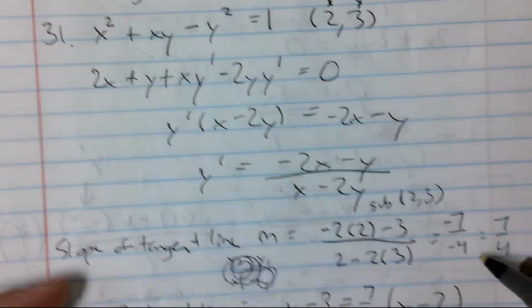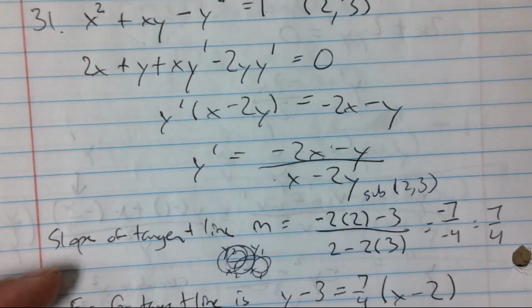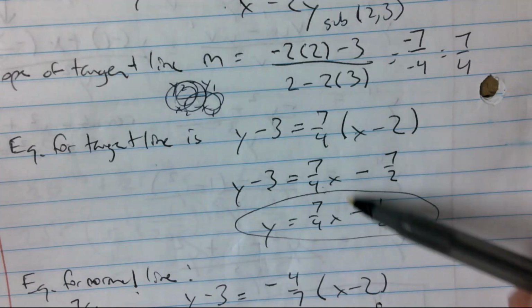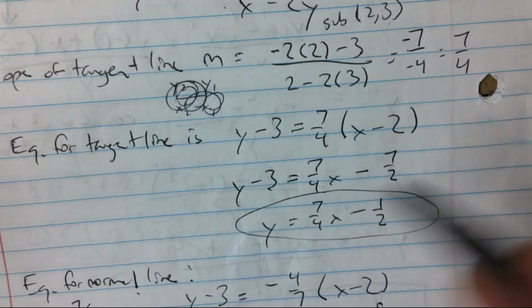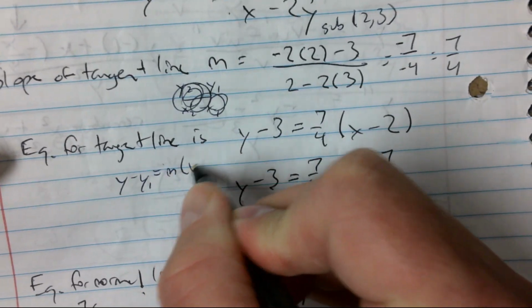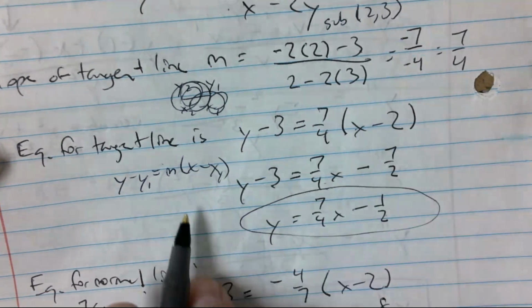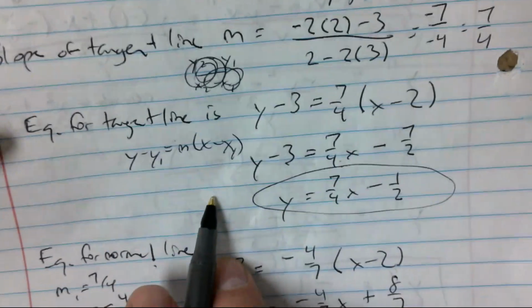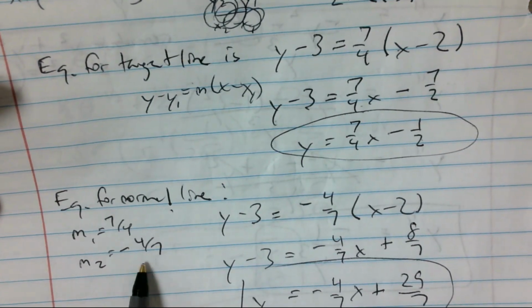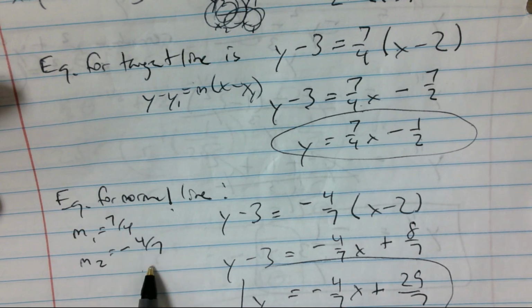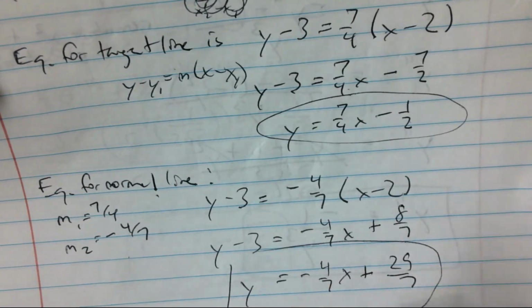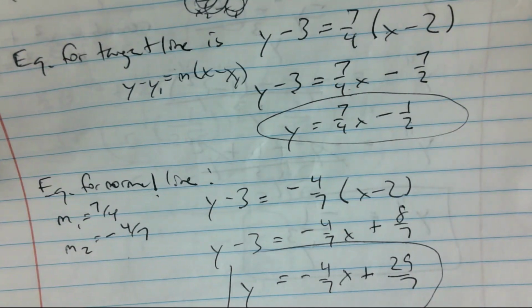And then simplifying. Then once we get our 7/4, we find our equation by using that y minus y1 formula, which is the point slope formula. And then we do our perpendicular line, so we have to change our slope by doing the opposite reciprocal and then plug that in. Okay, so those are our steps.